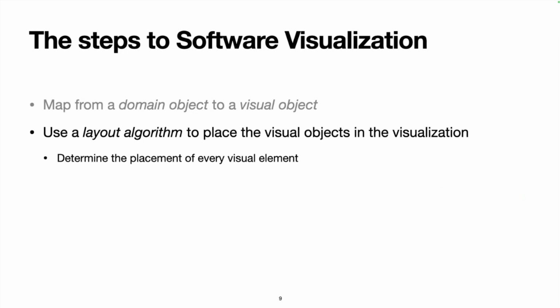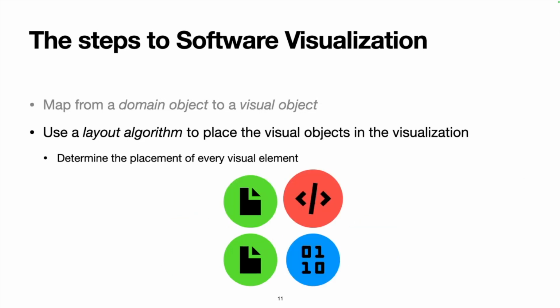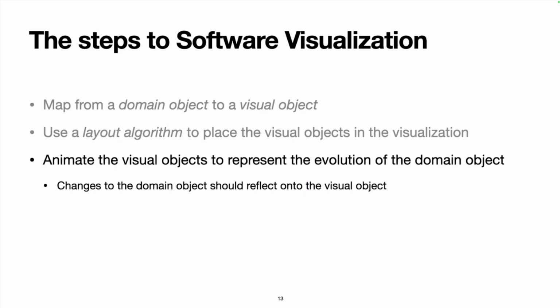Then we want to place those visual elements into a plane, and there are many different algorithms we can use for that. We can either use a very simple approach, let's place them all in a row, or we can group them together so that they take up very little space. We can even try to categorize them into different properties and so on. And we'll talk more about this later.